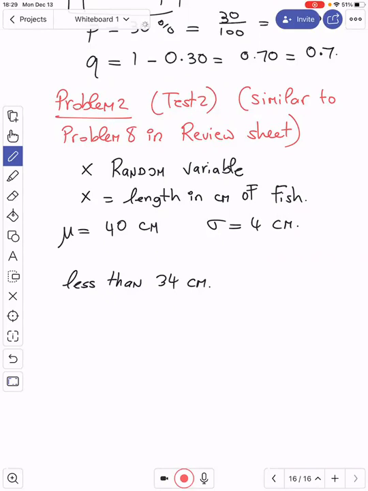Here it is the same thing, less than 34. So you need x to be less than 34, and we want to compute the probability that x is less than 34. This would be the area to the left of 34.